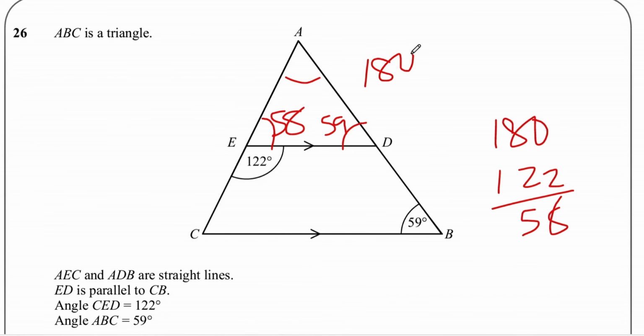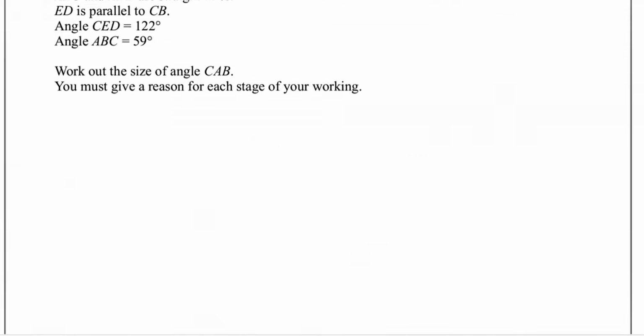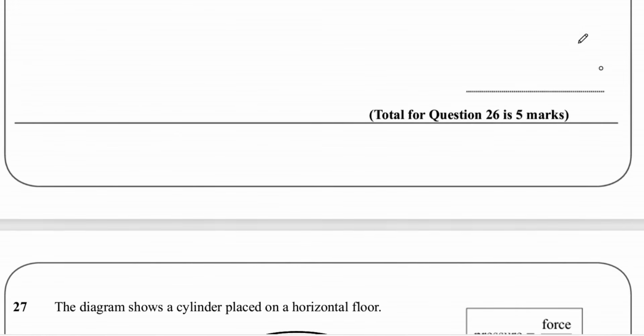So 59 plus 58 is 117. So when you subtract it, this is 3 and this is 6. So that means this angle is actually 63 degrees. So see what we did: corresponding angles, this is there, then we use this too. So that's how we got 63 degrees.